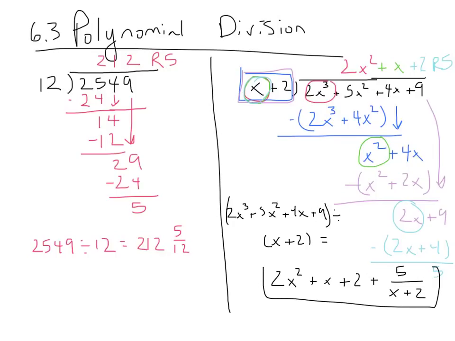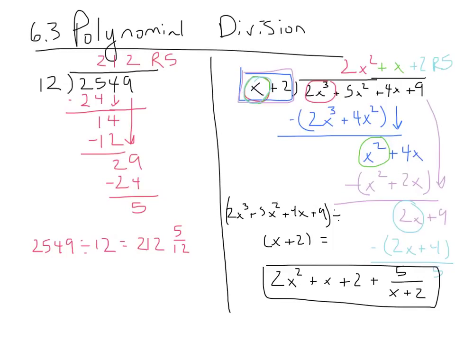So this would be the result of my polynomial division right here. As you can see, 212 and 5/12 is taking a similar role to 2x squared plus x plus 2 plus 5 over x plus 2. So polynomial division, polynomial long division, and long division of numbers are performed in pretty much the same way.